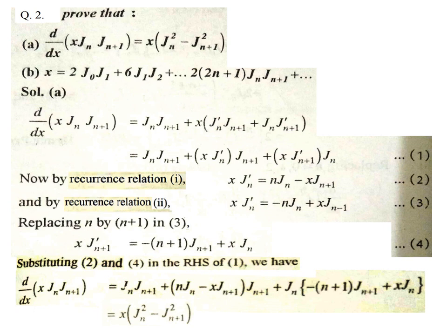As you can see, question number 2 is again given with two important parts, part A and part B. And here that part B again depends upon part A, like the previous problem.